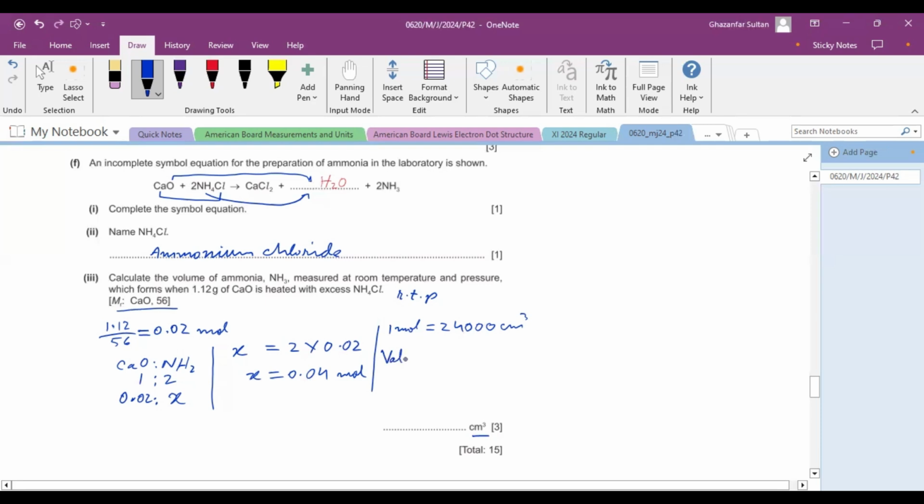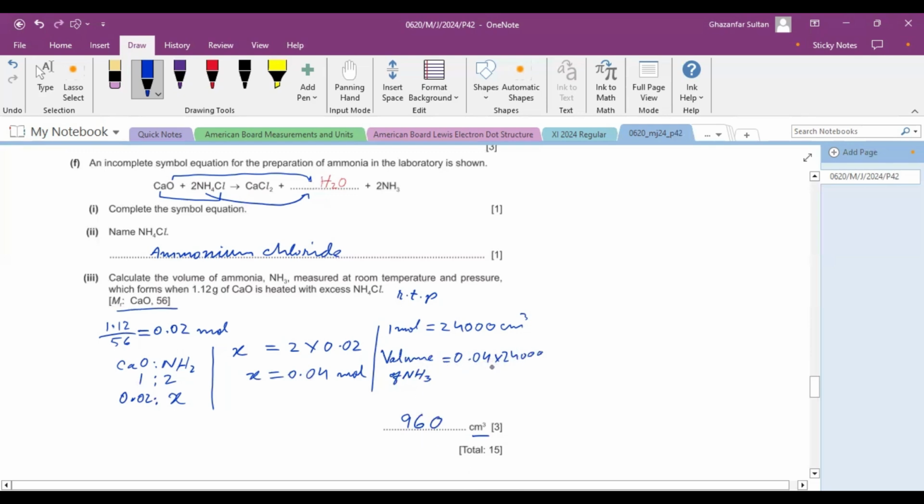So the volume of ammonia can be calculated by multiplying this value, that is 0.04, with 24,000. So use your calculator for doing this. So it becomes 960 centimeter cube.